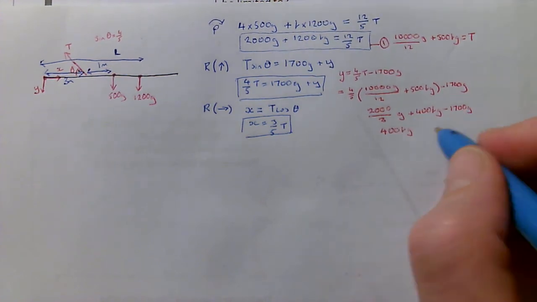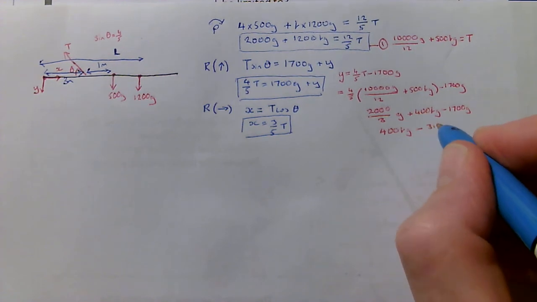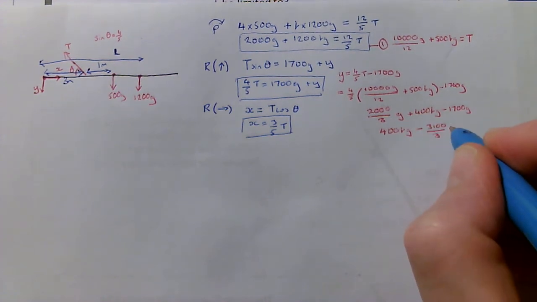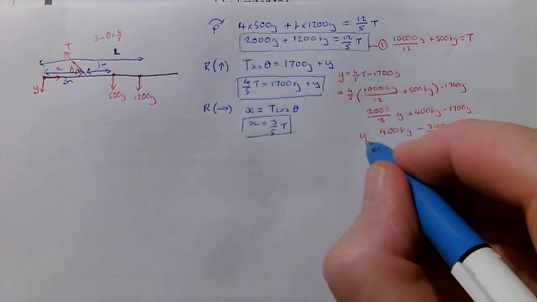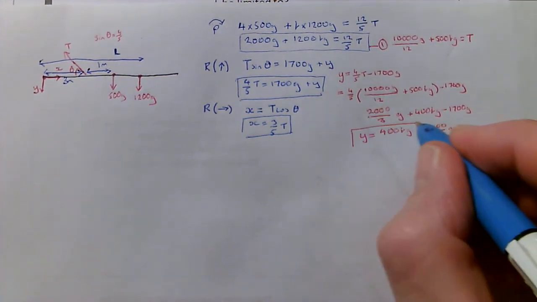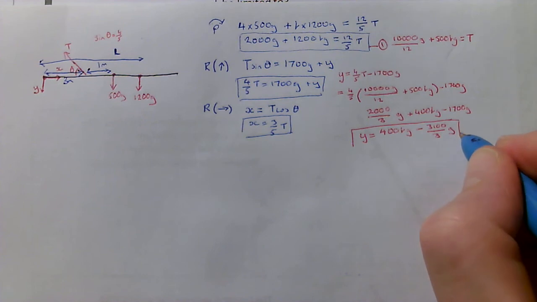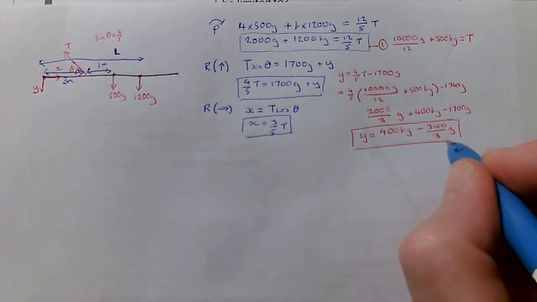That's minus 5100, so minus 3100 over 3 G. And that's my expression for Y in terms of L.